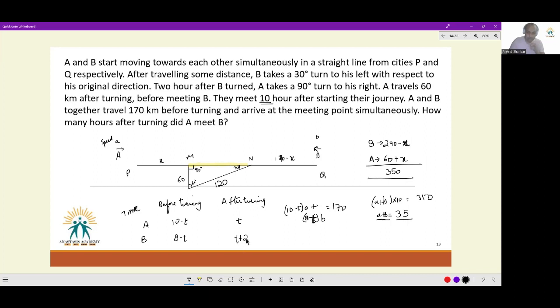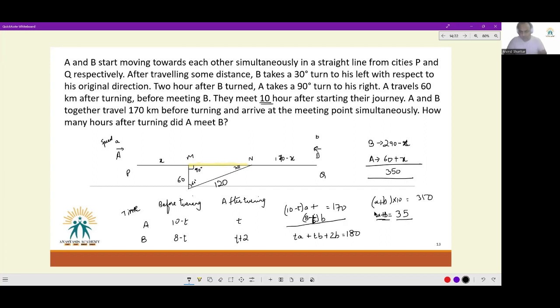The other equation is TA plus TB plus 2B is equal to 180. After turning, A has traveled 60 kilometers, B has traveled 120 kilometers. So TA plus TB plus 2B is equal to 180.